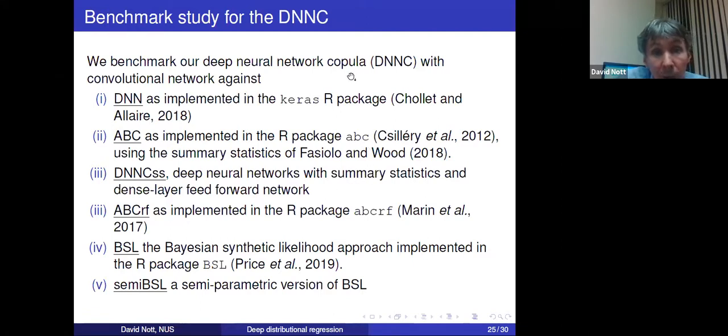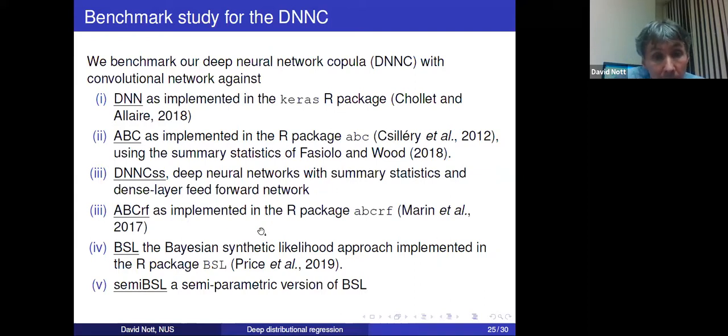We're going to compare our copula approach with a convolutional network to the copula approach with summary statistics, just to get some idea of whether it's the use of a convolutional network or the copula approach that's giving a gain here.